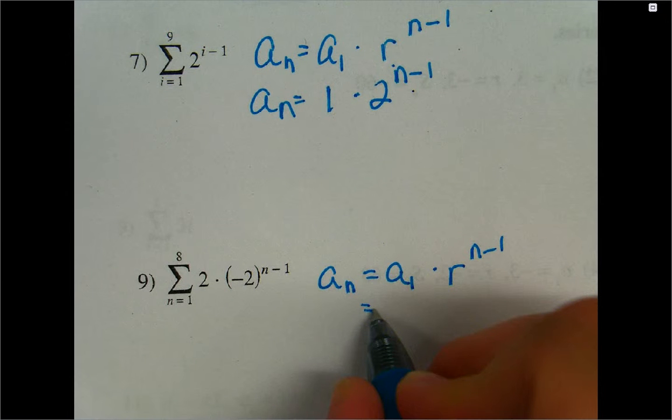So what's my a sub 1 equal to in this case? Yeah, it's 2. That's your a sub 1. That's your r. Just like here, that's your r, and a sub 1 is equal to 1, because there's no a sub 1 there. Just like up here, your r is 4. So you do not have to use this in a calculator, you could use the other formula.